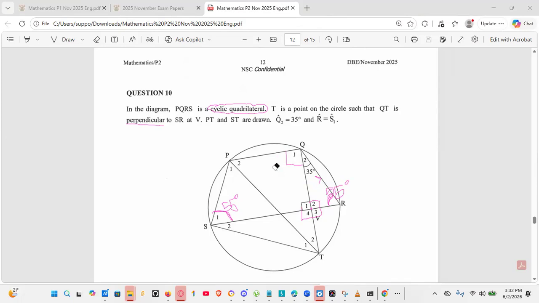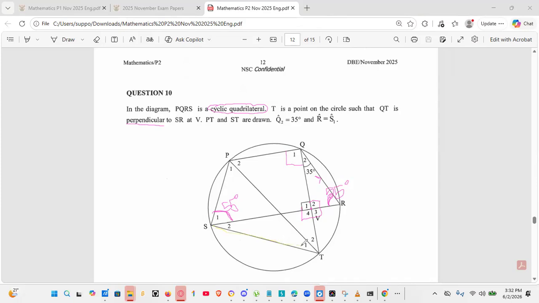Let's see what else we can figure out. R and S, perpendicular, cyclic quad, triangle. We don't have angles of the same segment, but I guess we do. So let's highlight that. Angles on the same segment over here, highlighted in yellow.